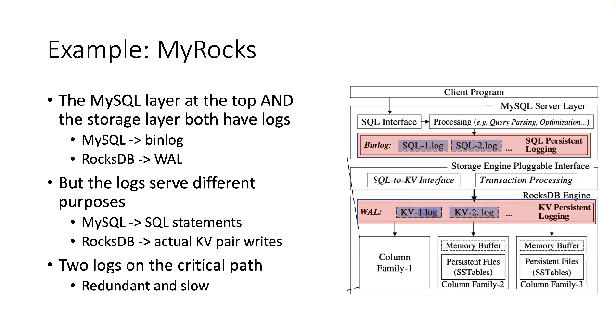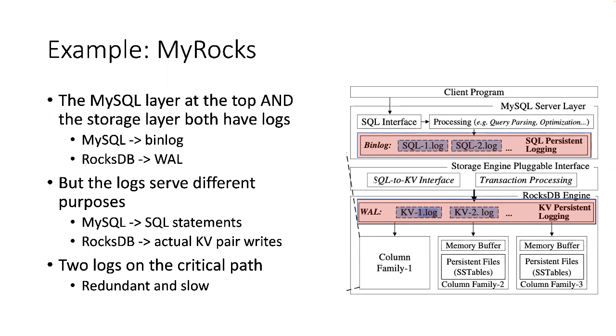At the top in the MySQL layer, we have a log, but we also have another one at the bottom in the storage layer. But the issue here is that the logs are fundamentally different in their purpose. The MySQL log at the top, called the bin log, just logs things like SQL statements with no actual key value pairs.